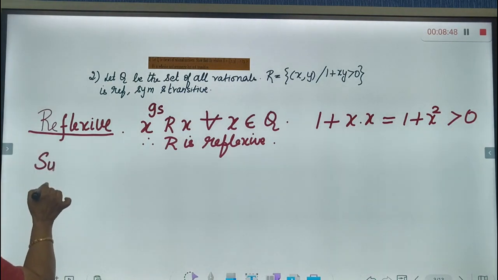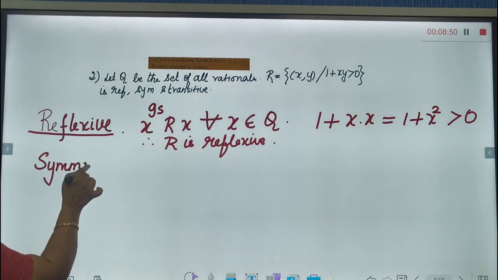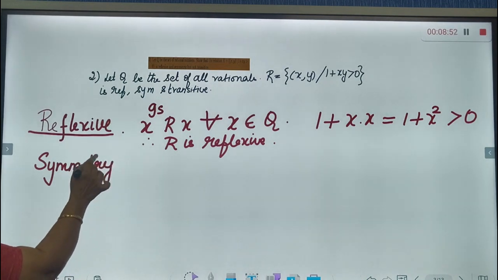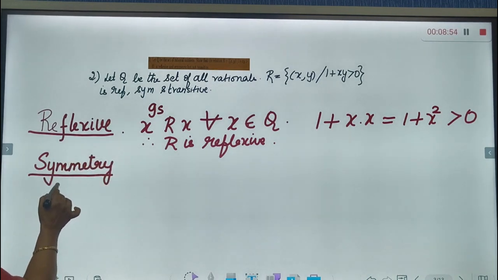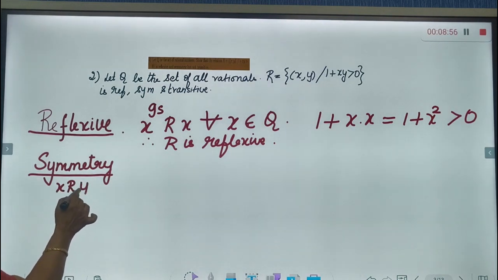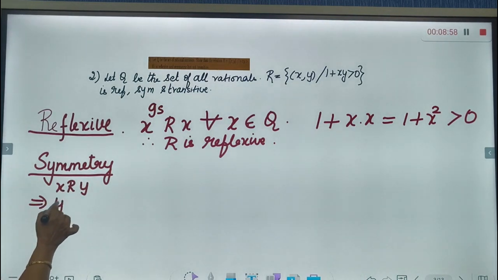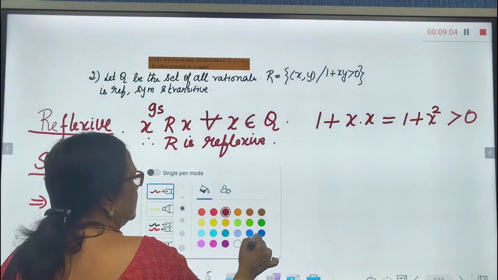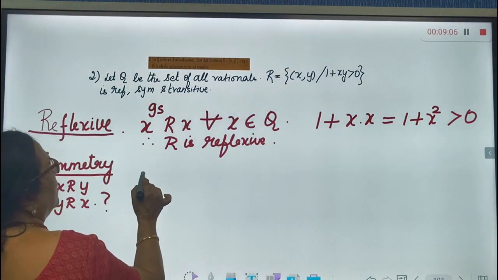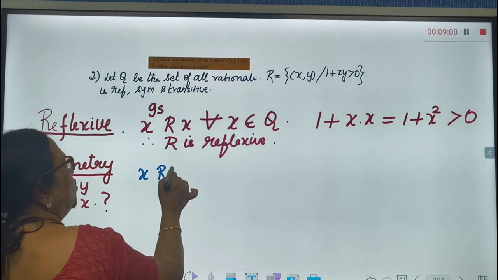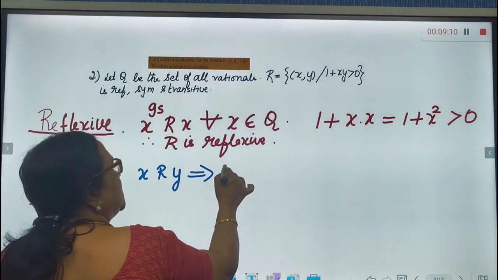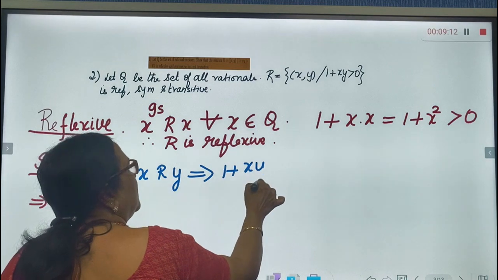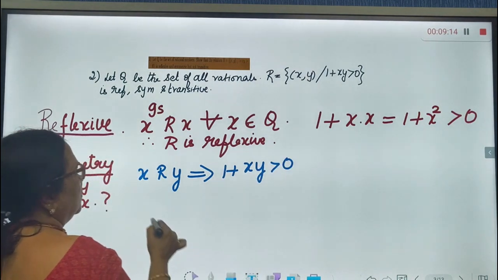Next, we have to check for symmetry. What is it that we have to check? If x is related to y, does it imply y is related to x? Now, if x is related to y, it implies 1 plus xy is greater than 0.